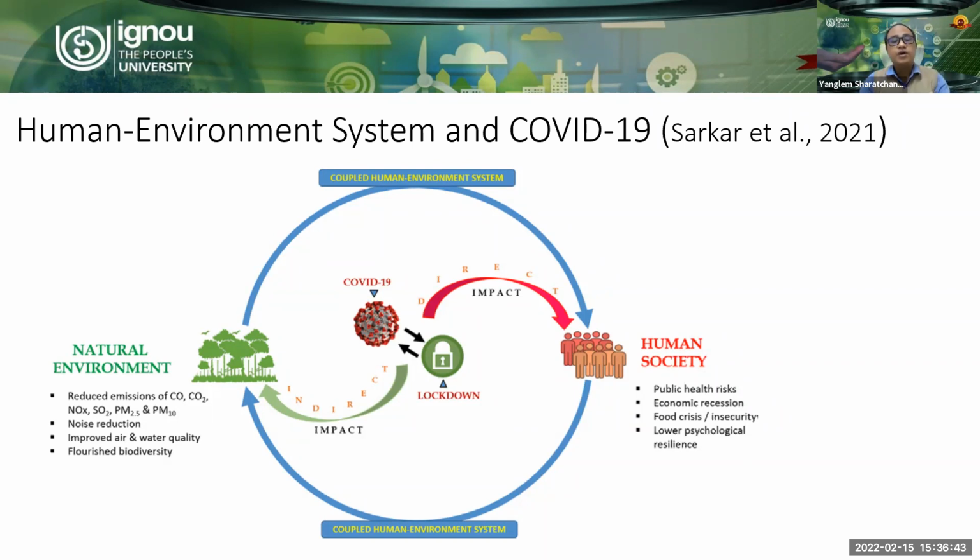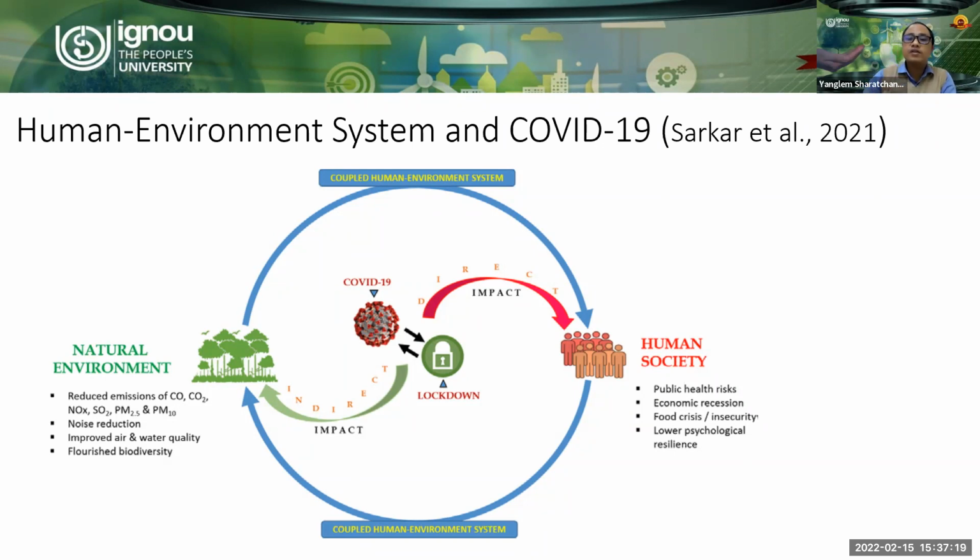Whatever activities we are directly doing towards nature decreased, up to some extent we can say stopped. Because of that, emission of pollution reduced, noise reduction happened, air and water quality improved, and you will see a flourishing of biodiversity.